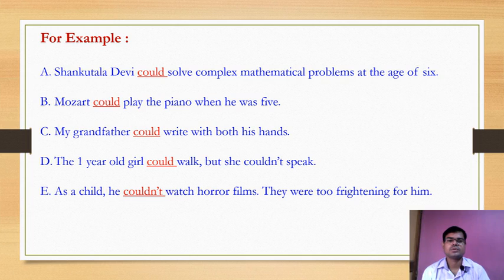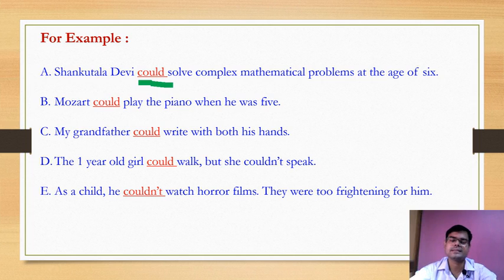Let's see the first example: Shakuntala Devi could solve complex mathematical problems at the age of 6. When she was 6 years old, it was possible for her to solve very complicated, difficult mathematical problems, and hence could has been used.